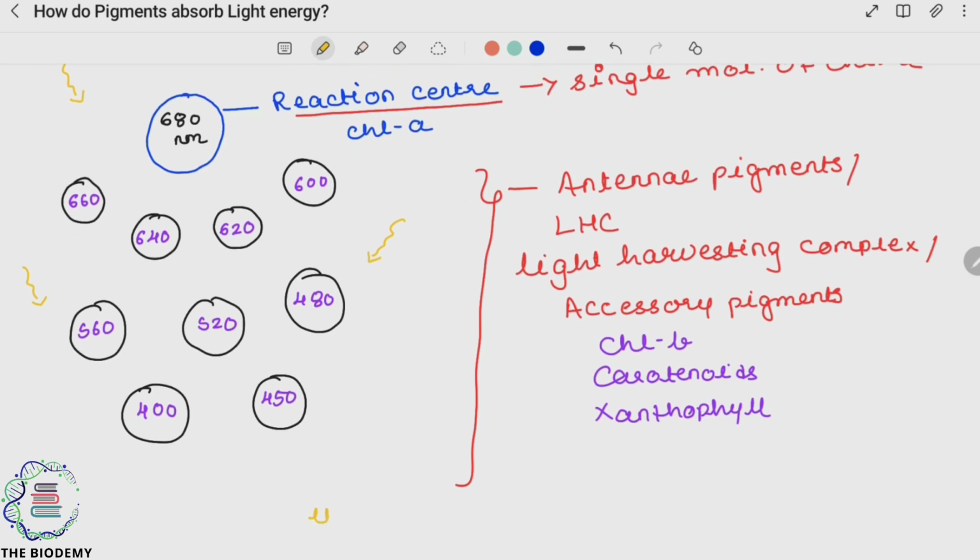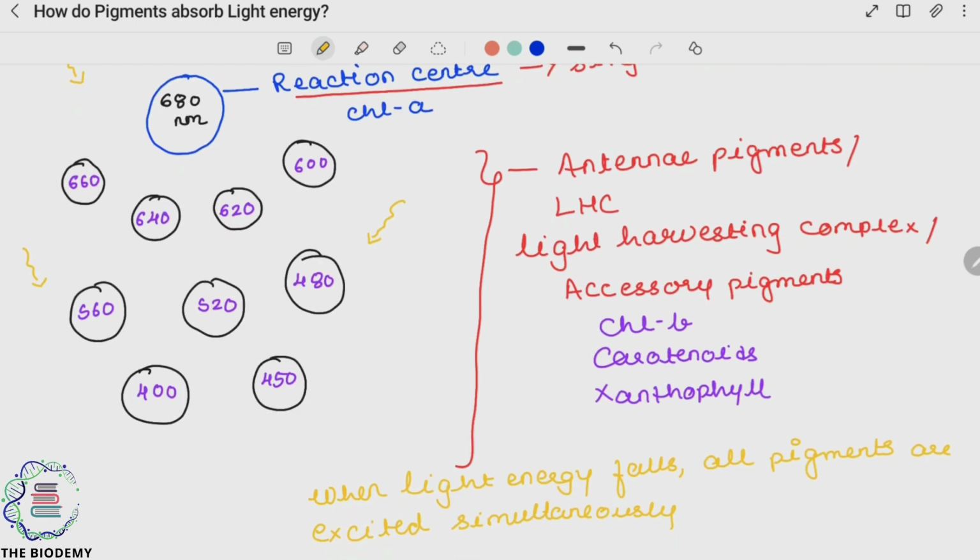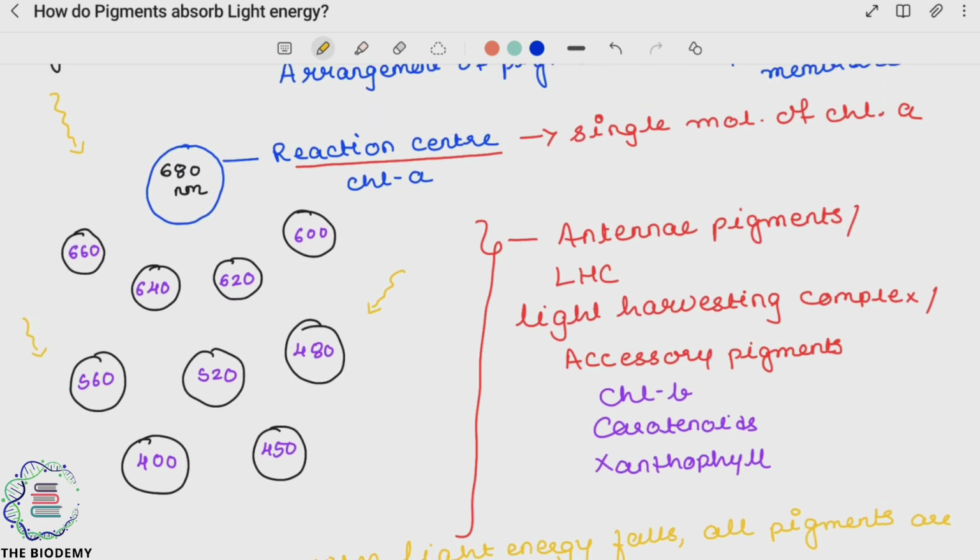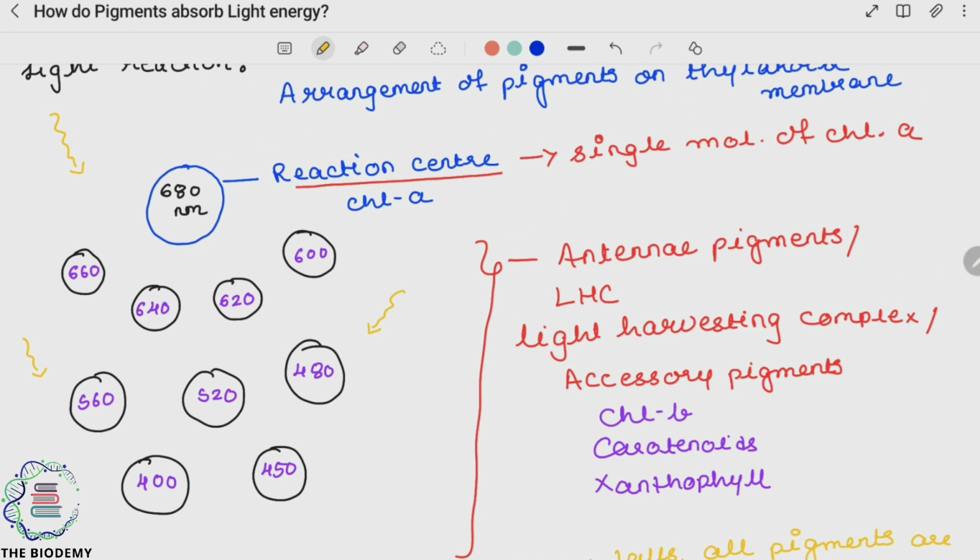So when this pigment absorbs light energy of 400 nanometer, it will excite an electron. When this electron comes back to ground state, it will release energy.